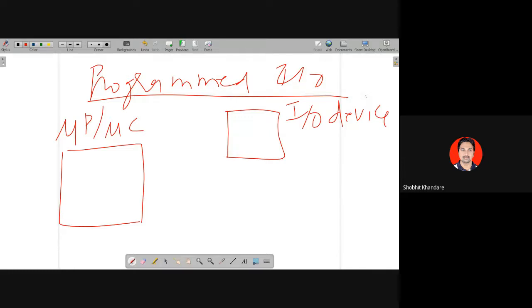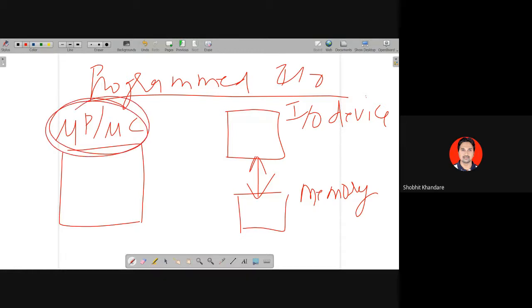And other side, you have memory. Now see here, the data transfer is between IO device and the memory, but under the supervision of microprocessor or microcontroller.